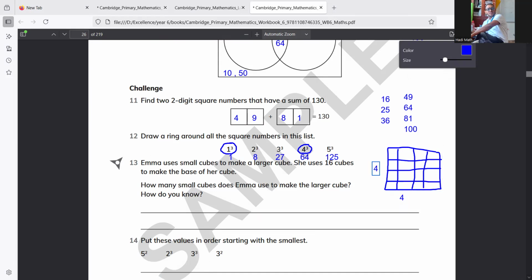So to make a cube, she needs to make also what? The height is 4. So 4 multiply 4 multiply 4, which is going to be equal to what? 4 times 4 times 4, which is equal to 64.